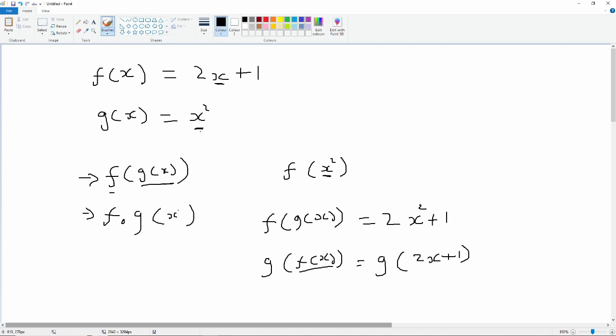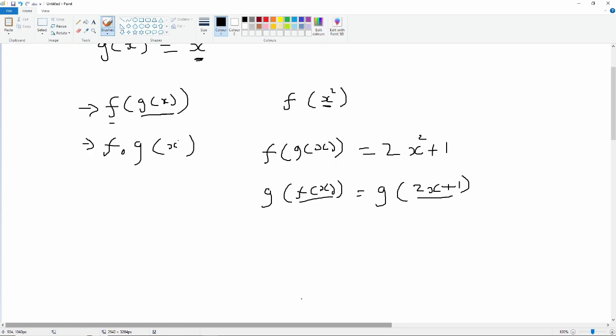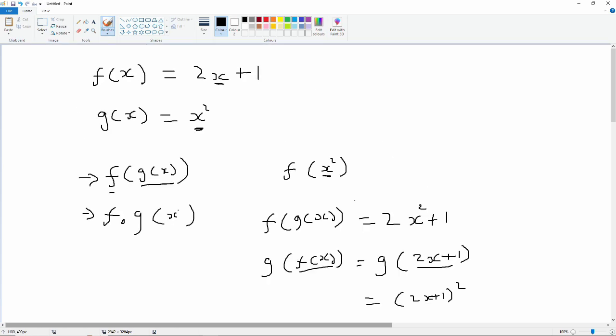And g is just x squared, so we take whatever's in the brackets and replace that with the x, so that's just 2x plus 1 all squared. And that's all there is to it for compound functions.